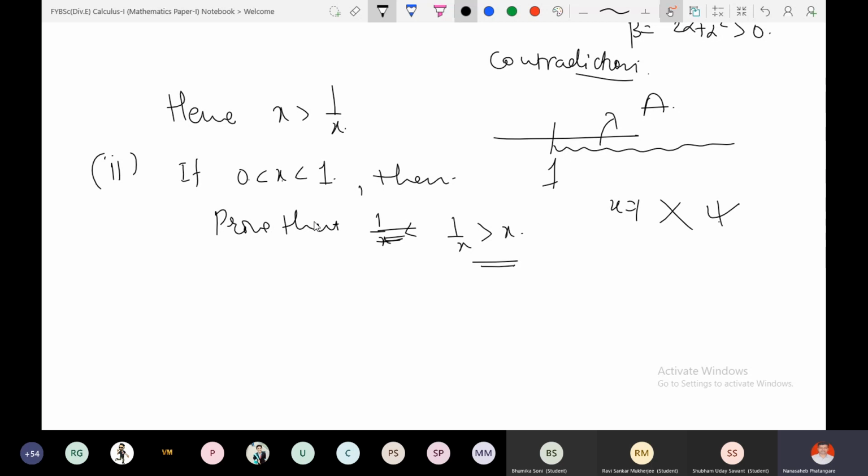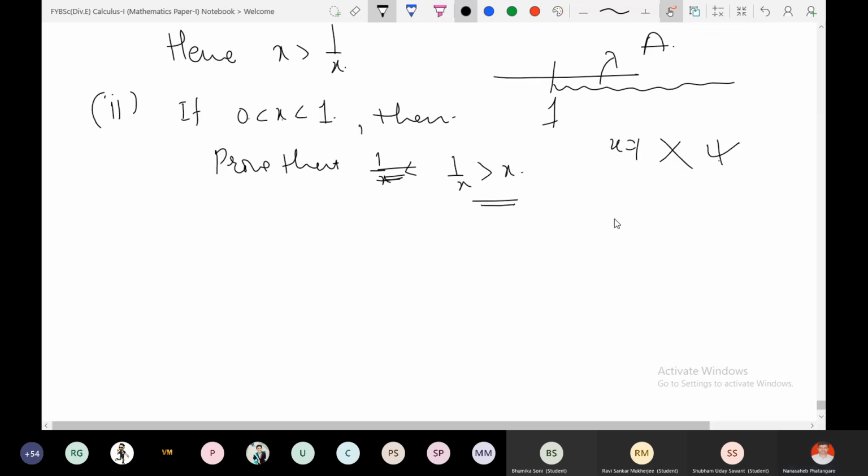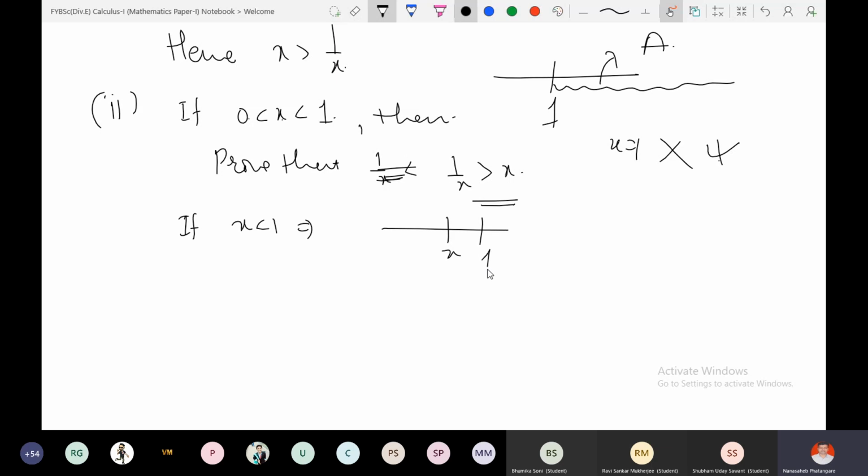If x is less than 1 means what? How will you prove this? If x is less than 1, then 1 by x is greater than x. How will you prove this? Use the simple logic, whatever we discussed so far. If x is less than 1 and greater than 0, then it is 1 minus something.